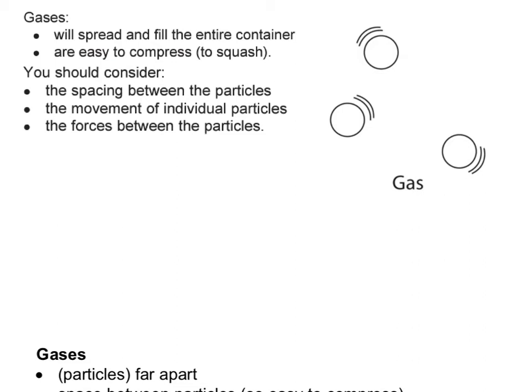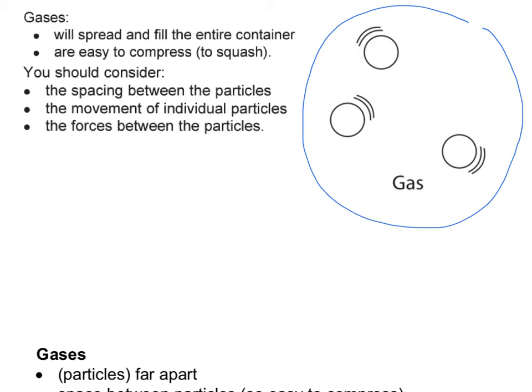Remember that what we need to explain here is that gases will spread and fill the entire container, and they're easy to compress or squash. In doing this, we should consider the spacing between the particles, the movement of the individual particles, and the forces between the particles. Now, as before, I think it's easier to answer these questions with a model in your head, and hopefully you'd agree that your model of gases would look something similar to that shown in the top right hand corner that I've just circled in blue.